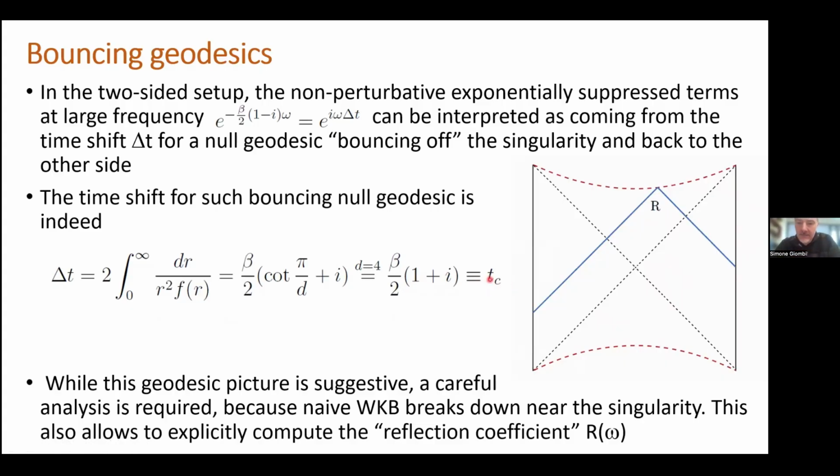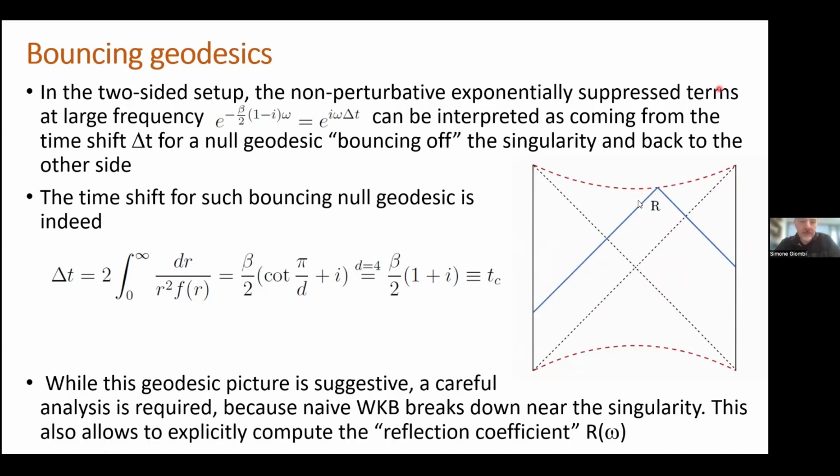And the imaginary part basically arises from the fact that we have to include an i epsilon prescription when we integrate around the horizon where this f vanishes. Okay, so this geodesic picture explains essentially the structure of these non-perturbative corrections, but it's only qualitatively correct because in fact, if you look at the WKB analysis, it breaks down if you're near the singularity, and the calculation there has been done more carefully.